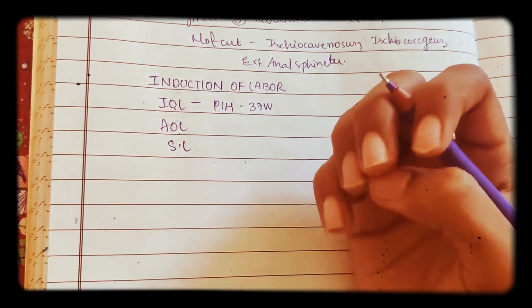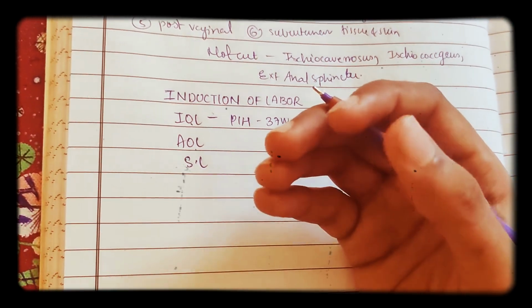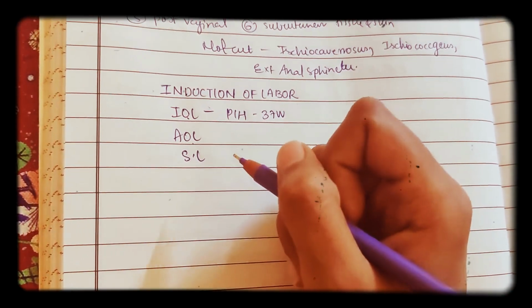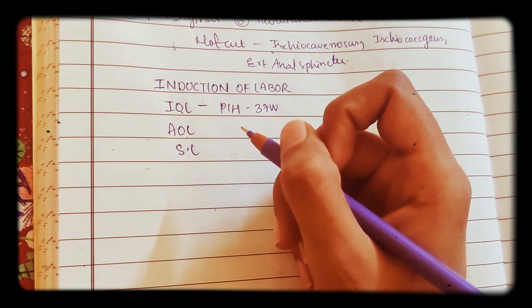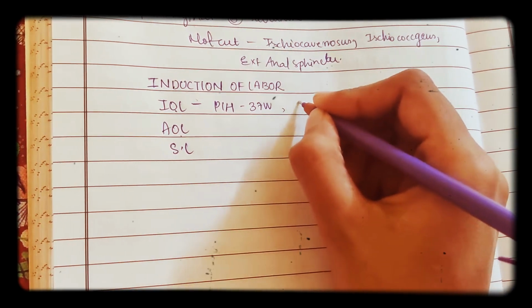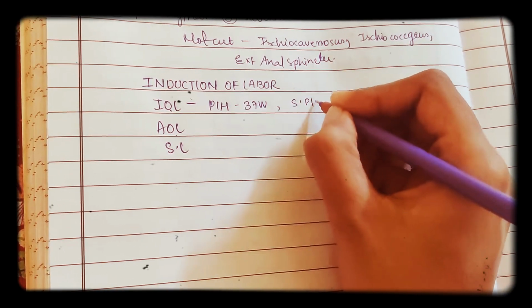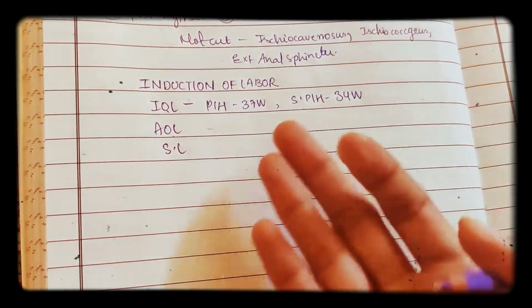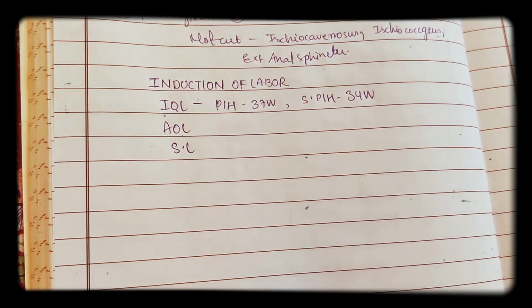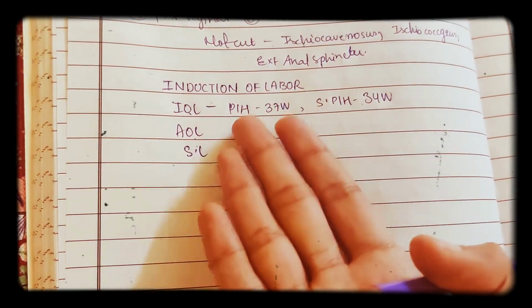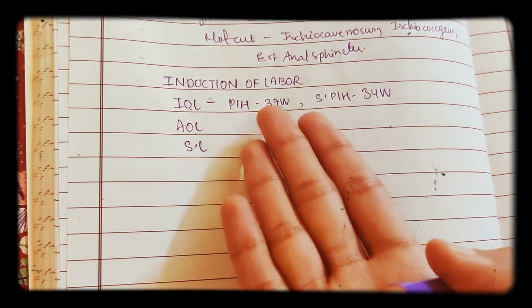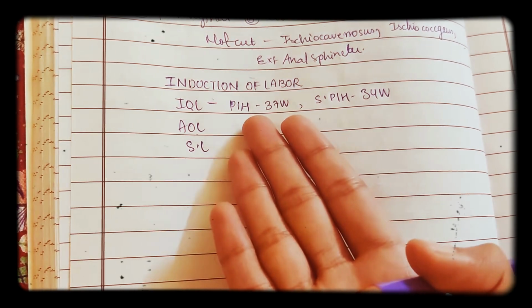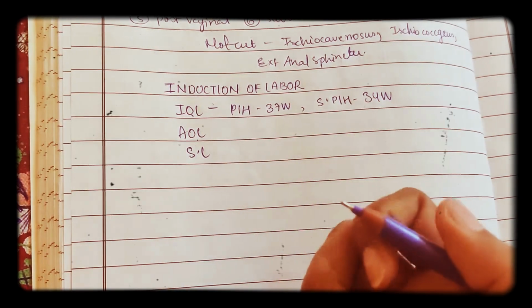In the case of severe preeclampsia, here S means severe, you will induce labor at 34 weeks only, because it is already a severe condition, so let us do it at 34 weeks itself. But in the case of mild preeclampsia, you will do 37 weeks.